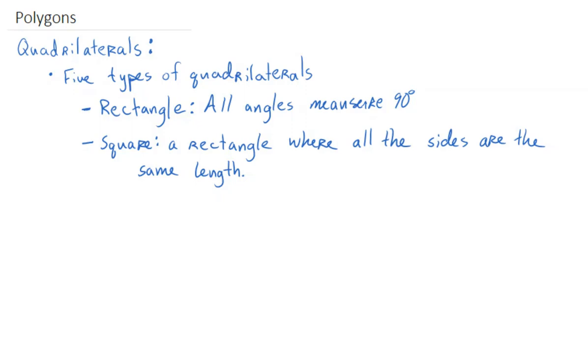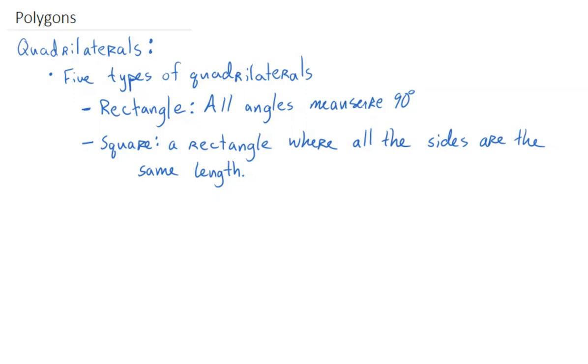If all the sides are the same length and all the angles are 90 degrees, that thing is a square, and it's also a rectangle. But if you have a rectangle where all the angles are 90 degrees but the sides are different lengths, then it's not a square, but it's still a rectangle. Feels like a riddle, but it's kind of an important thing to wrap your brain around.